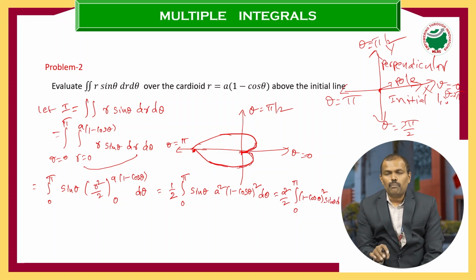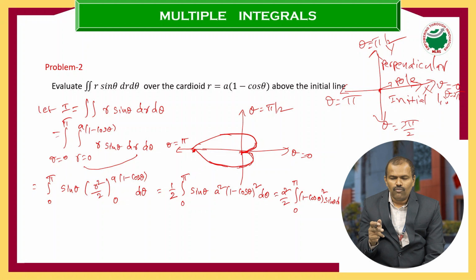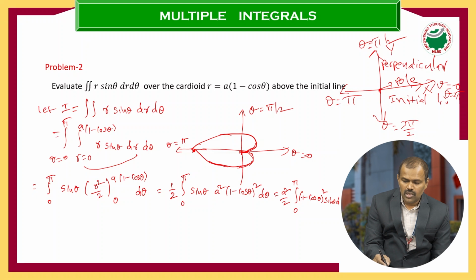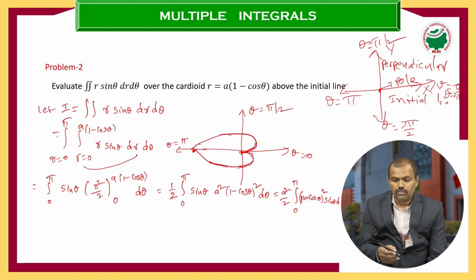Now we have to apply a formula for integrating with respect to theta. So which formula do we have to apply? This is the important situation. We have to identify what formula is involved in this particular step. 1 minus cos theta and sin theta are there. In the last question also I explained one of the formulas.